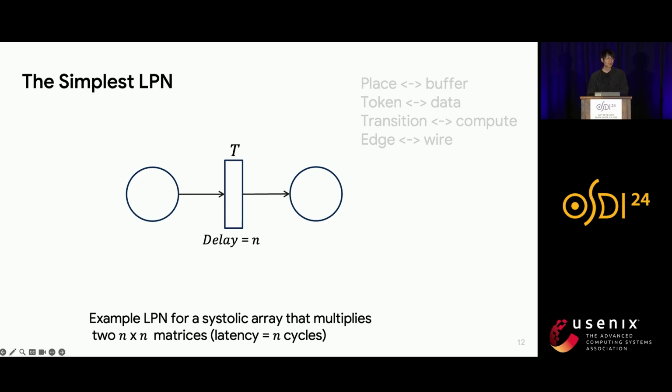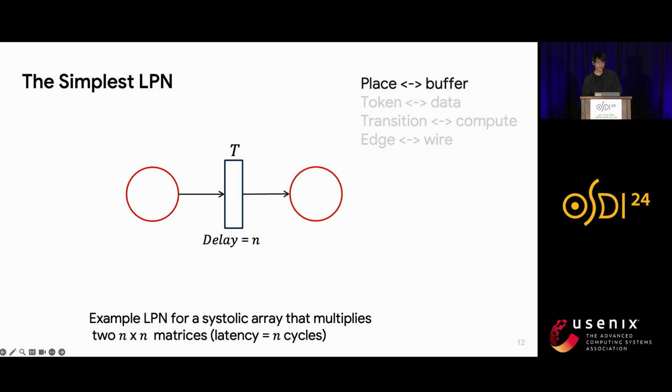This LPN, despite its simplicity, models the performance of a matrix multiplication hardware module. This hardware module implements a systolic array and takes in two matrices of size n by n and outputs the results after n cycles. This LPN has two places that model the hardware buffer that holds input data or output data.